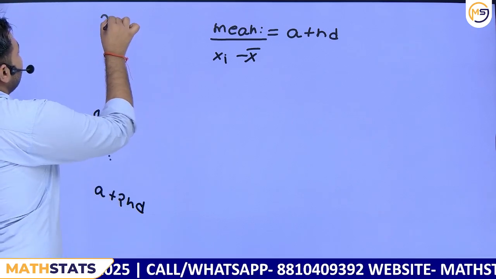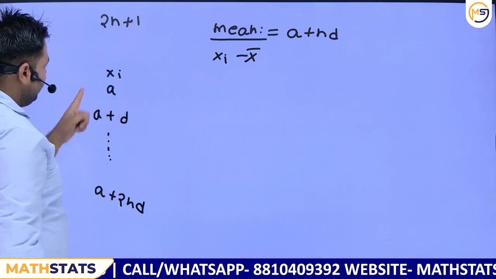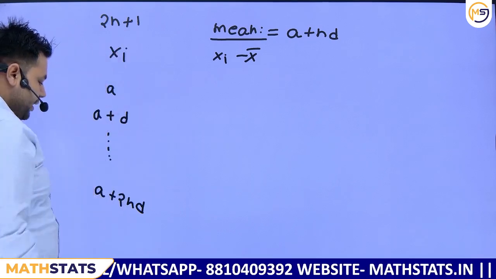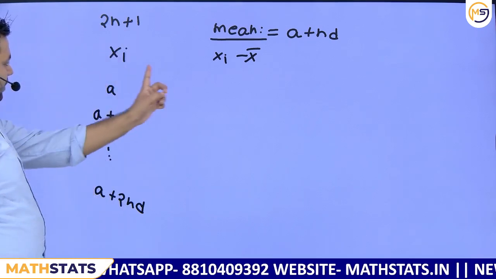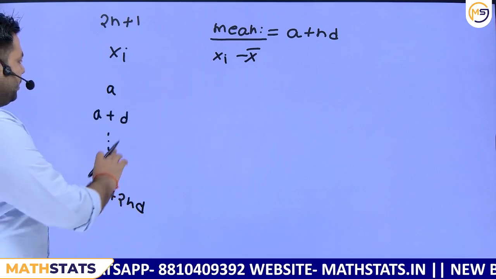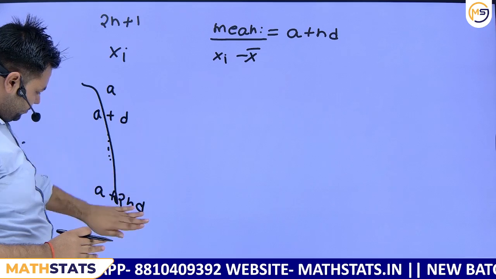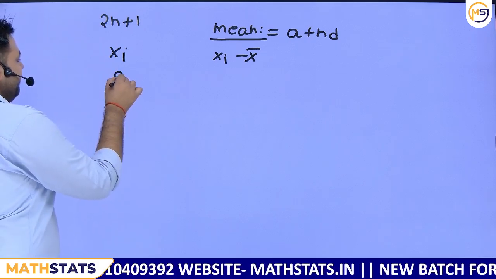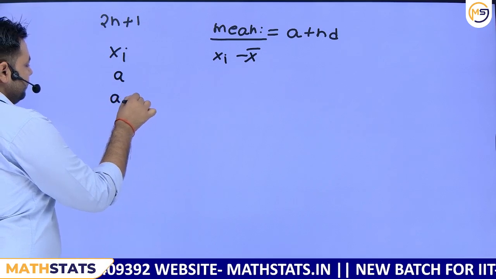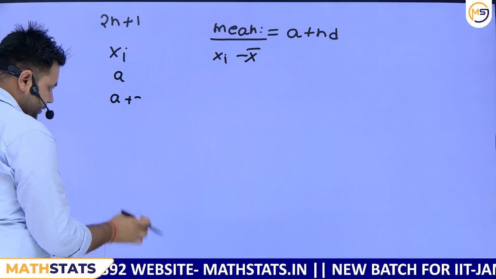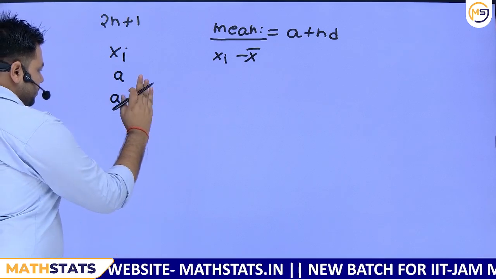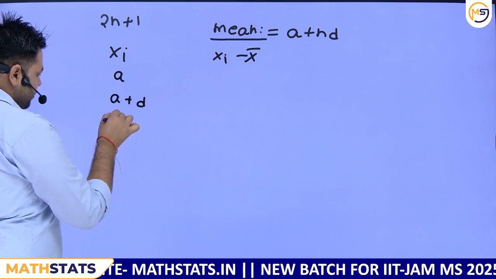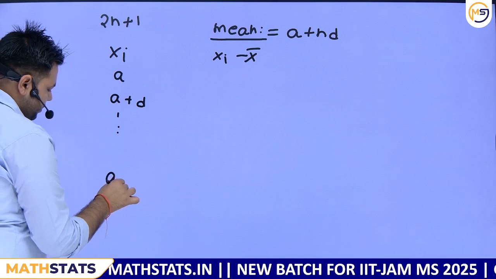Here there are 2n plus 1 terms, and this is the value of xi. So xi minus x bar. Write the first number here: a plus d, a plus 2d, and so on, up to a plus 2nd.